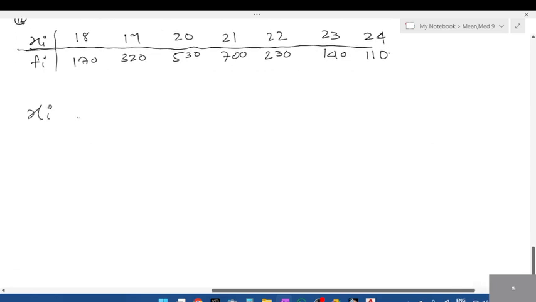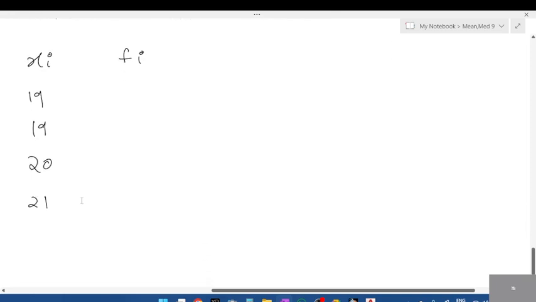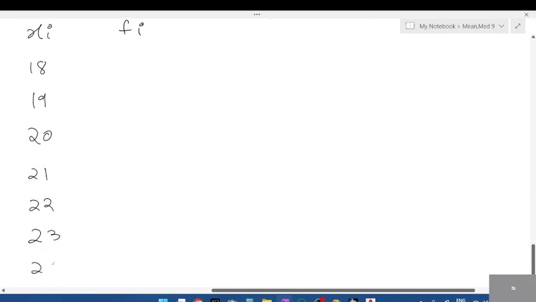Write it in this way: xi, fi, 18, 19, 20, 21, 22, 23, and the values are 170, 320, 530, 700, 230, 110.